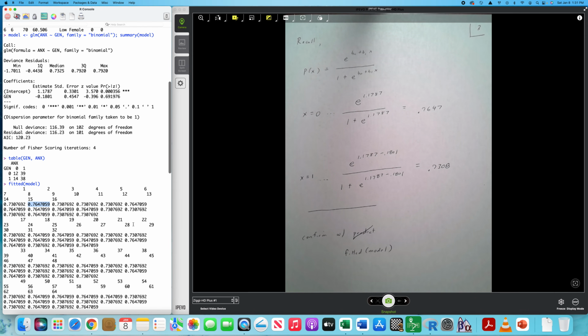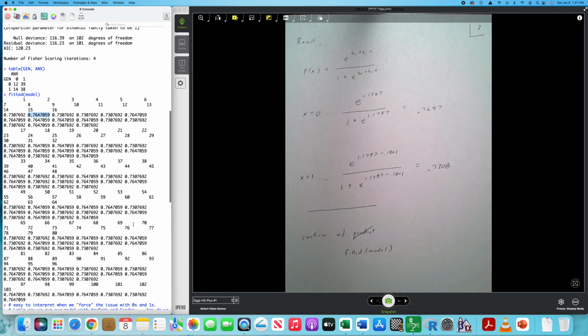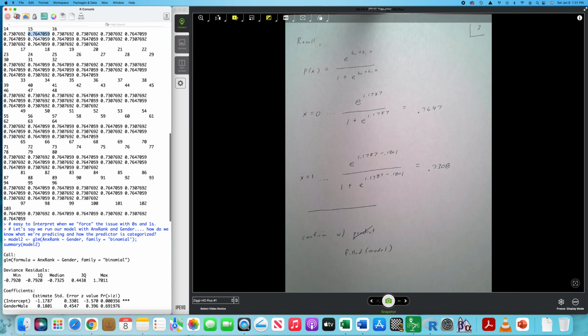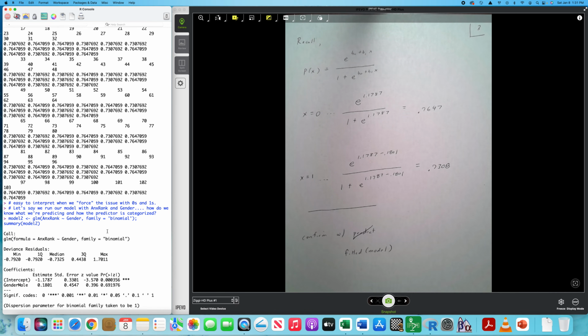Now, here's the way I wanted to proceed next. I just made a few notes here. This is easy to interpret when we force the issue with zeros and ones because we create a natural ordering. Ones are just bigger than zeros, and zeros serve as our reference category.